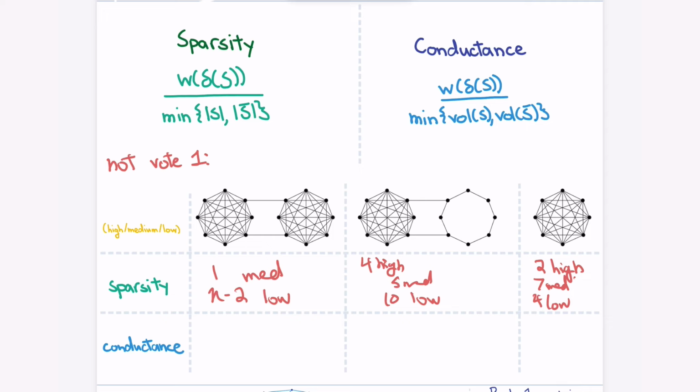Now conductance is weighted by degrees. So high, medium, low. Who thinks this will have high conductance? The first sum of degrees, it's in the notes. I printed out 50 copies.